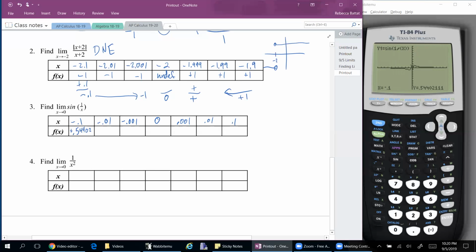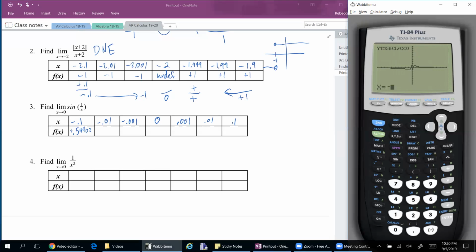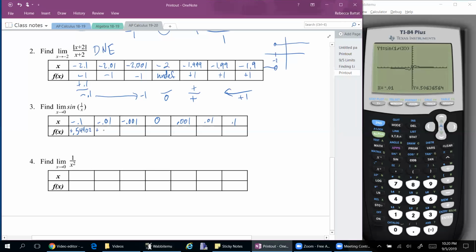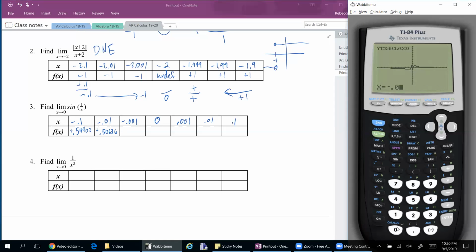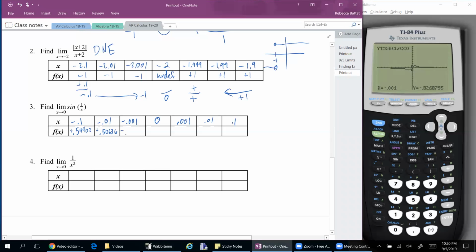Negative 0.01 is giving us positive 0.50636. Negative 0.001 is now a negative number, -0.82687.